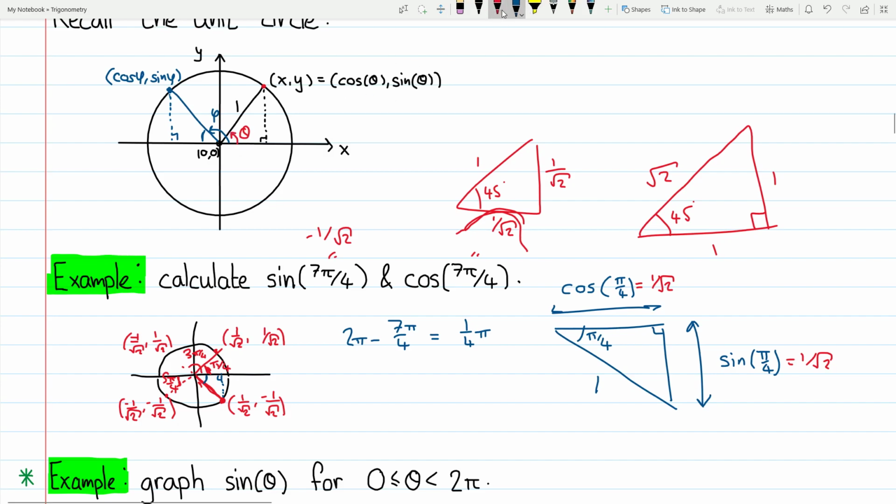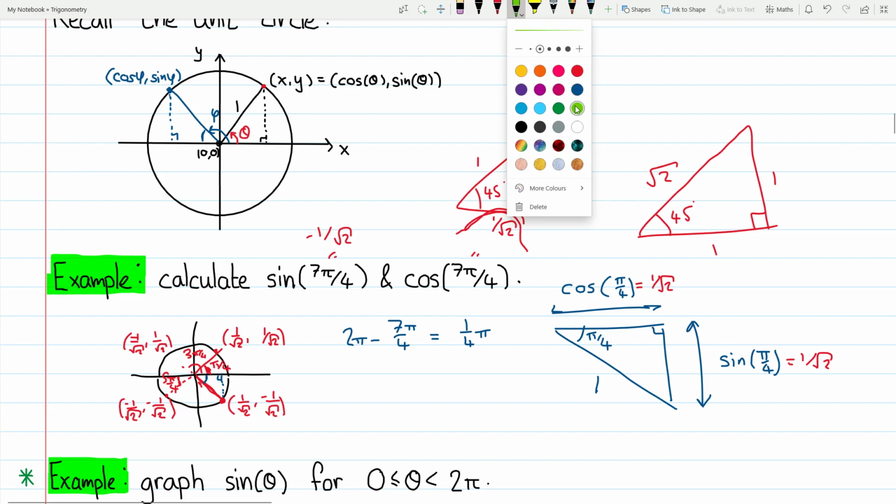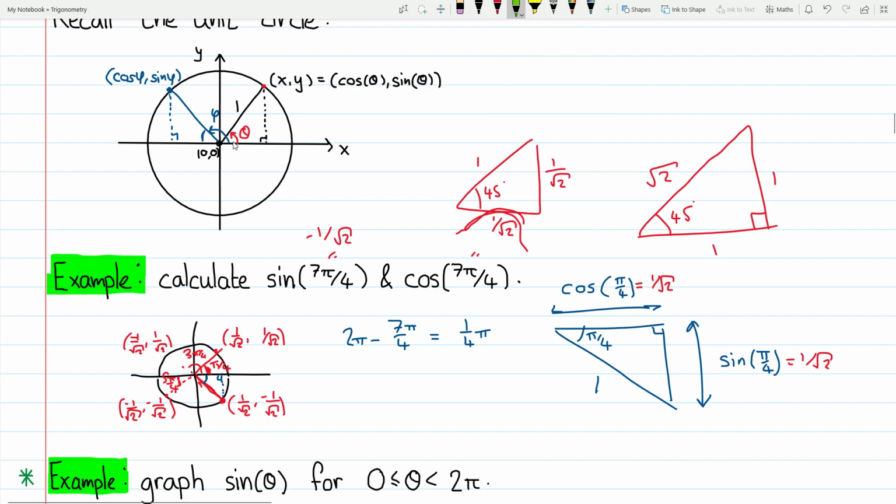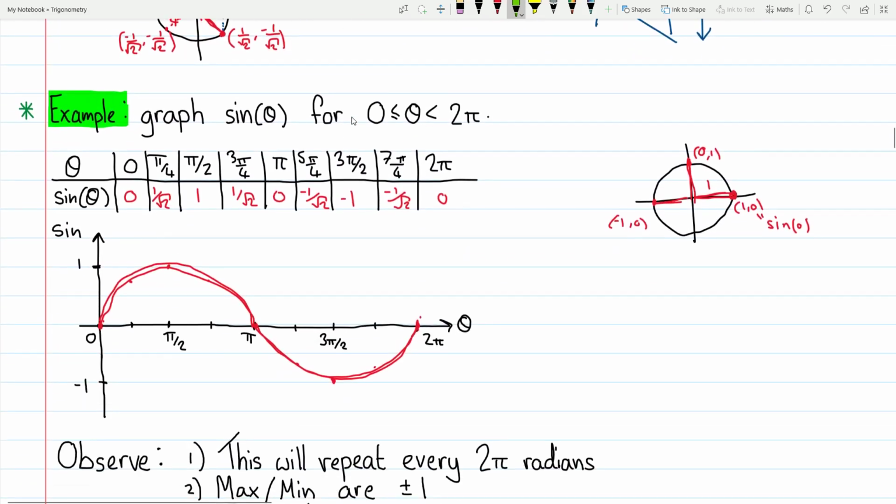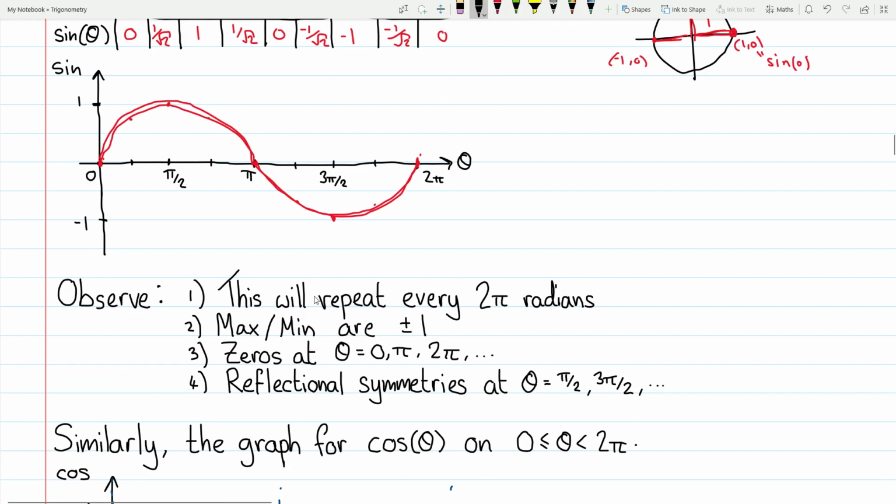But if you do the same angle theta plus 2 pi, so you've gone all the way around once and then gone theta again, notice how you still end up in the same point here. If you add 2 pi, you will get the same coordinates. And that corresponds to this graph repeating every 2 pi.